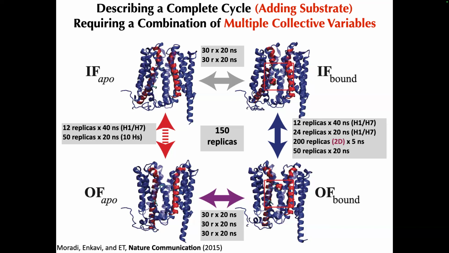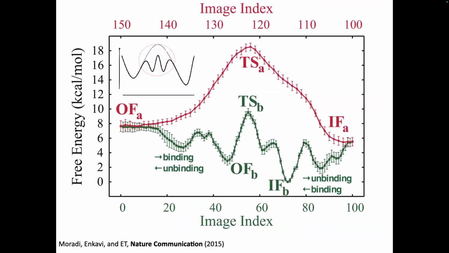This is now what I mentioned about calculating the free energies of the system. Now we can use these collective variables along a particular pathway and see what happens to your energy along the pathway. You can see the red one represents the case for the apoprotein when the substrate is not bound. And you can see there is a very large barrier there preventing the system from undergoing those conformational changes.